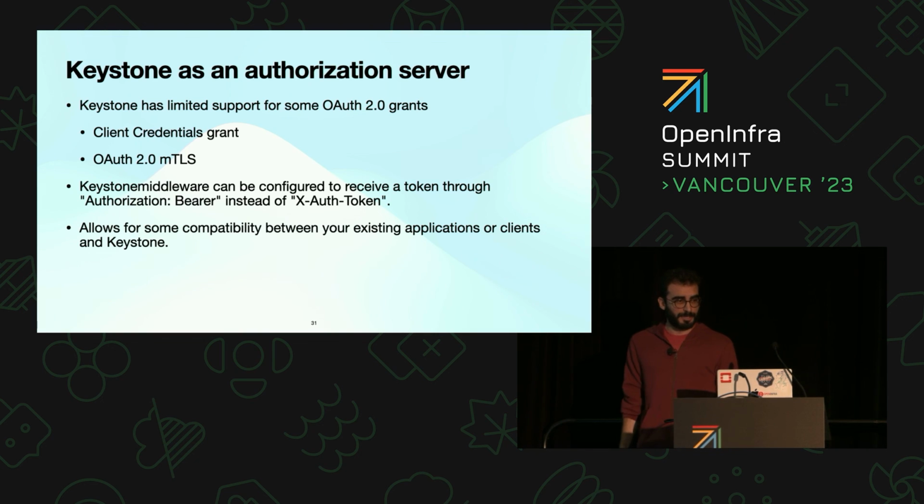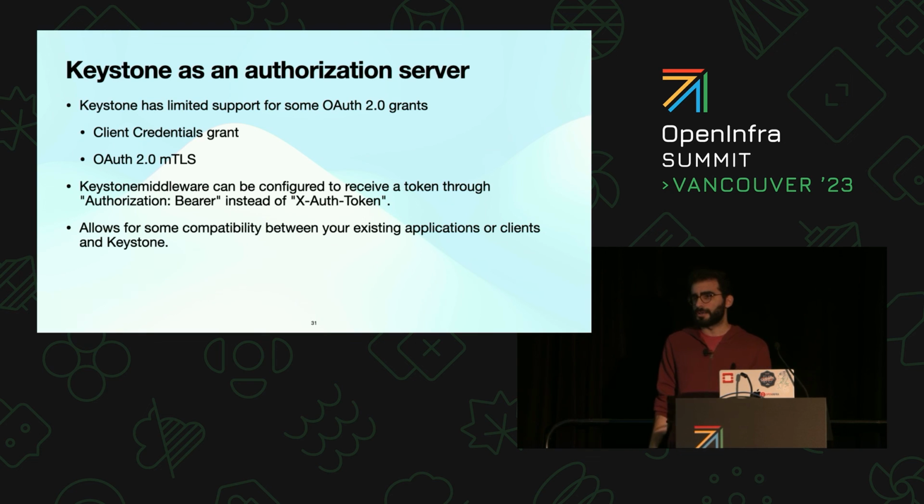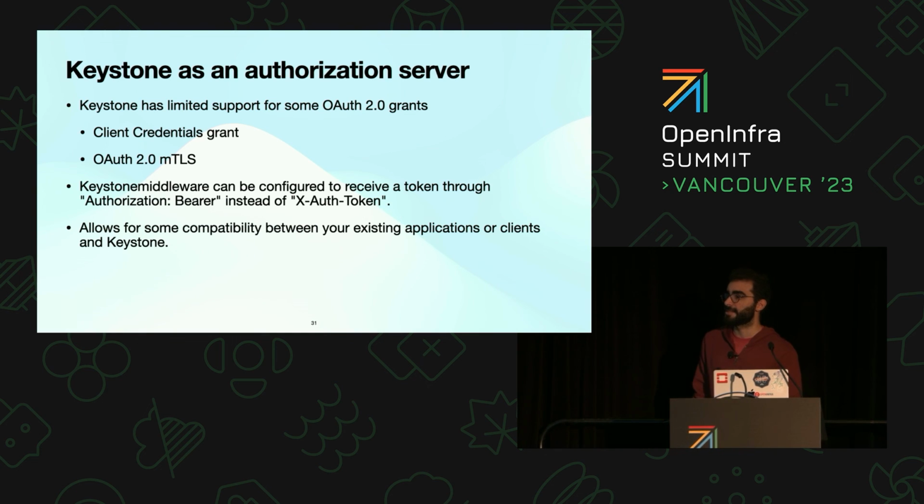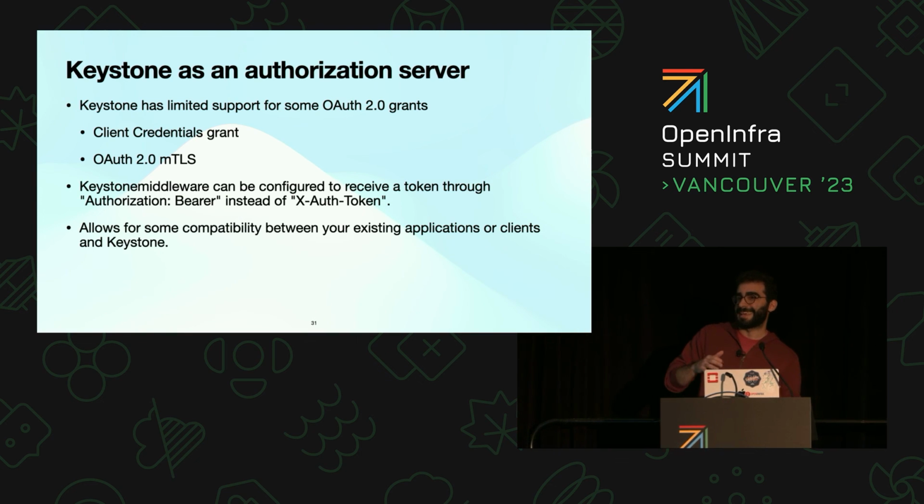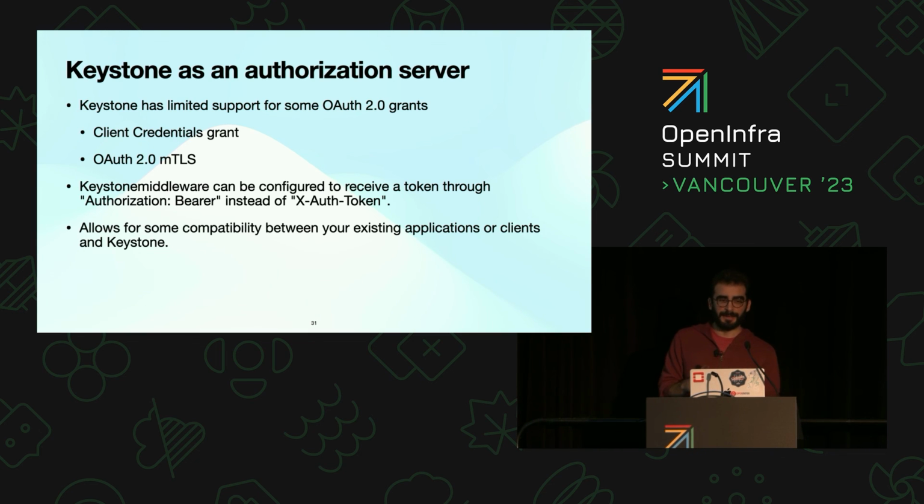There's also work that we just merged last cycle that allows you to use OAuth 2 mutual TLS authentication with Keystone. Those are all exciting things that are getting Keystone to be more standards compliant rather than implementing things that are only really valid for OpenStack.